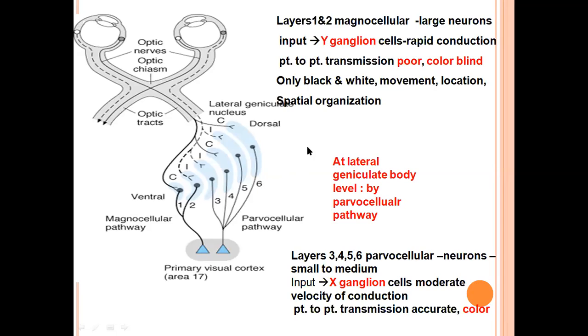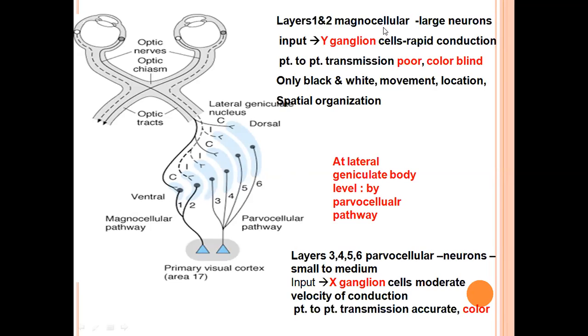At the lateral geniculate body, what happens? Perception of color. Before that, recall that in the lateral geniculate body we have layers starting from layer 1 to layer 6. In that, layers 1 and 2 are mainly for the magnocellular pathway. Why is it called the magnocellular pathway?